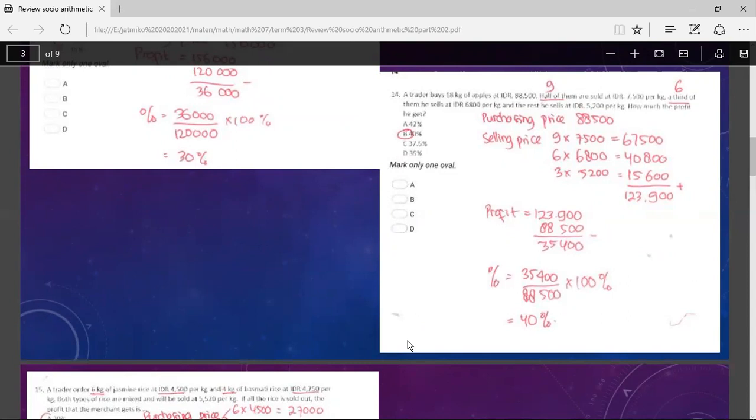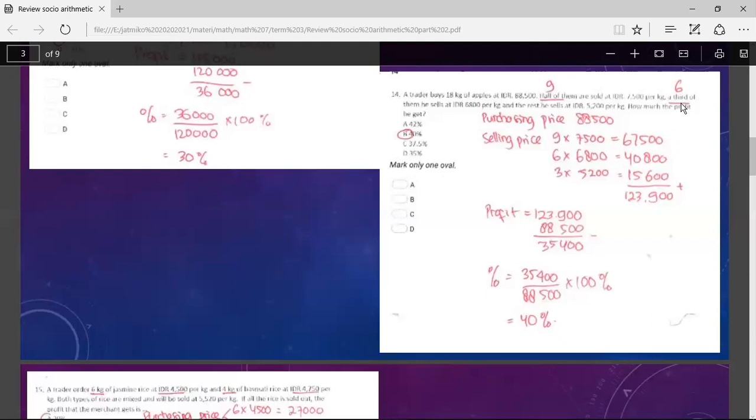The first one is half of them are sold for 7,500 per kilogram. Half of 18 is 9, so 9 times 7,500 is 67,500. You can check it by yourself.